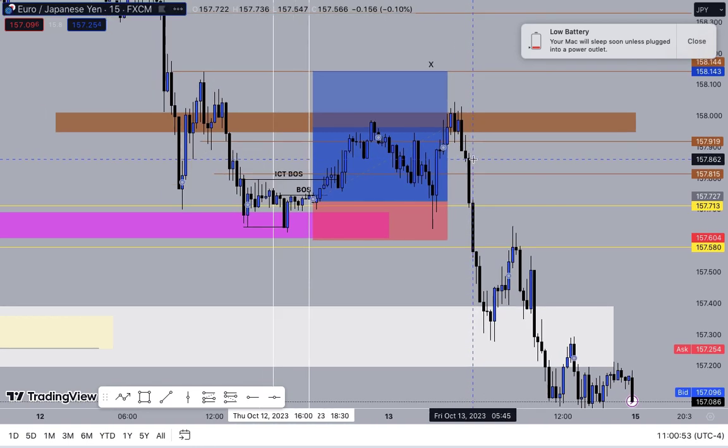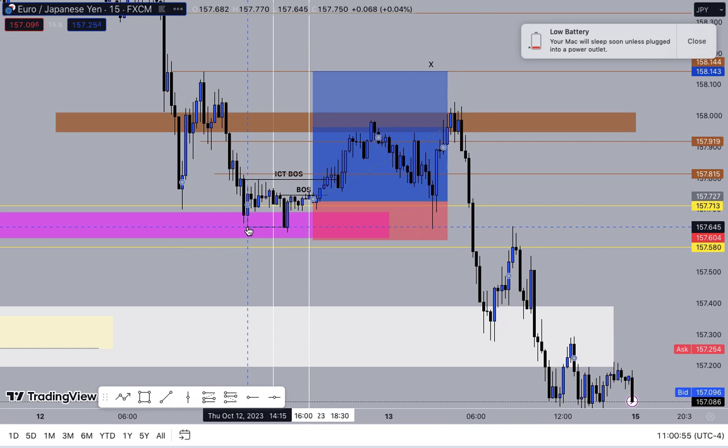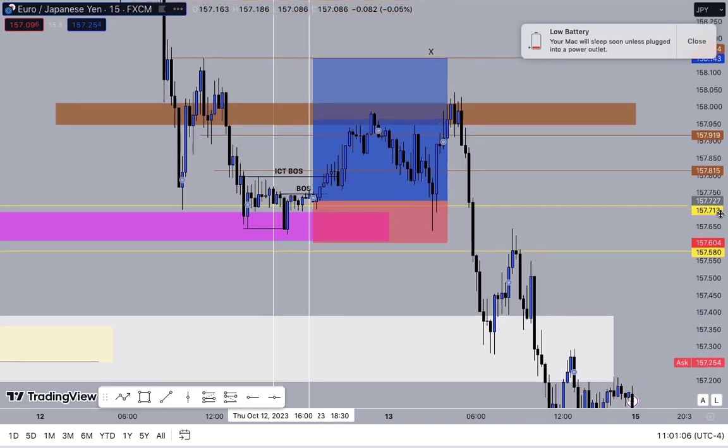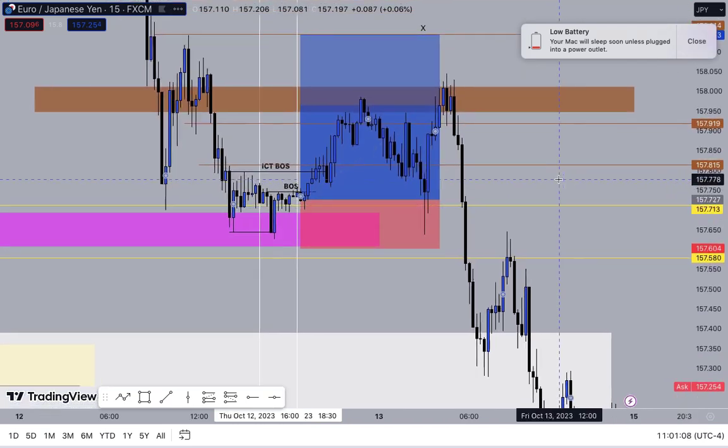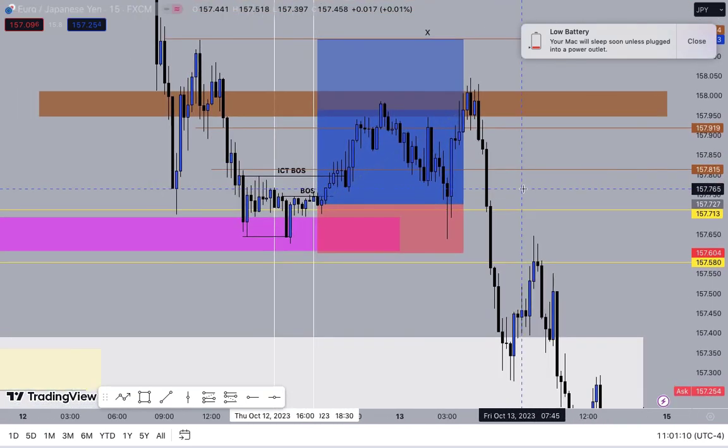So when I saw this low being taken here, what I was waiting for now was this high to be broken. Another thing is a result I got from my backtesting from 5 years backward. I can't remember where I backtested from, but I backtested a lot.